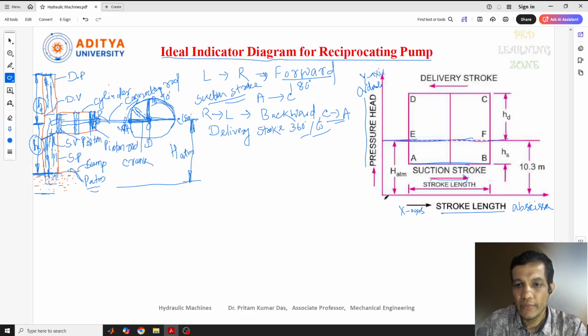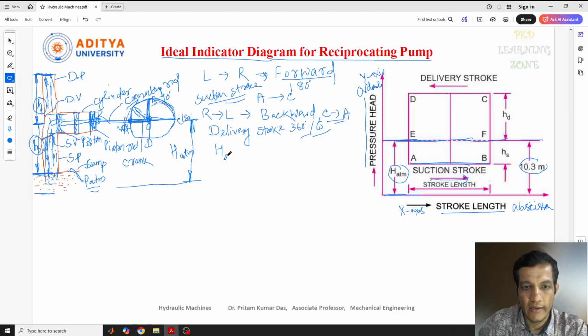Now the distance from the origin point, the total head, is H_atm, which is nothing but the value of 10.3 meter. And the suction head here, obviously, will be less than the atmospheric head.